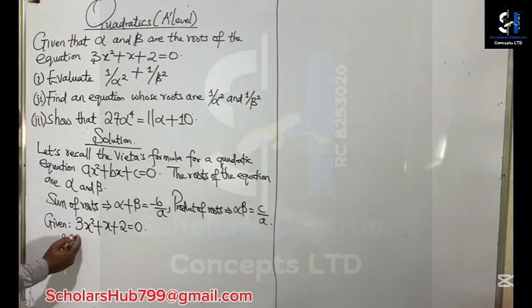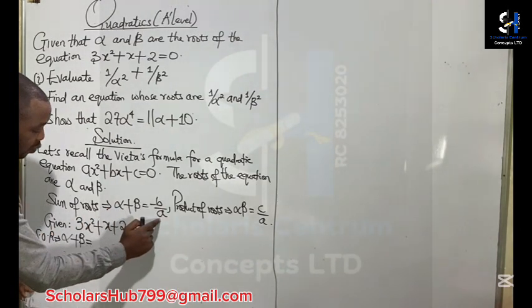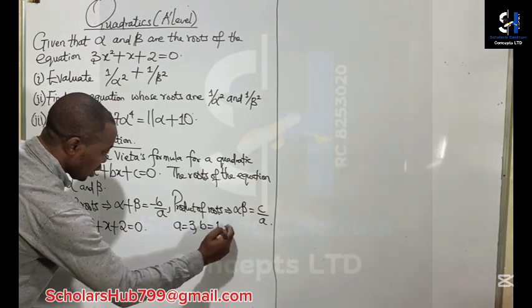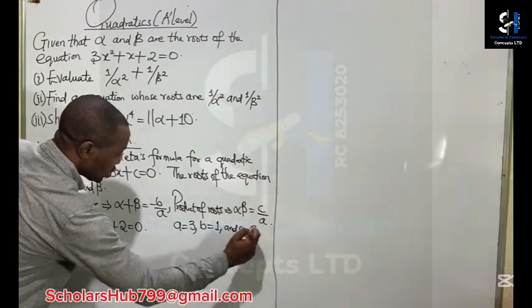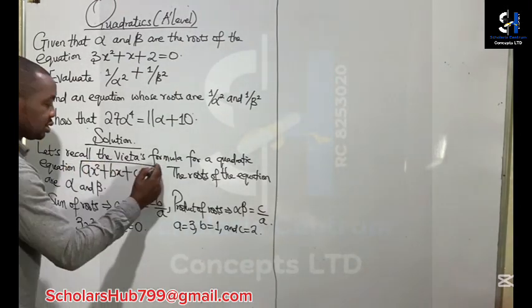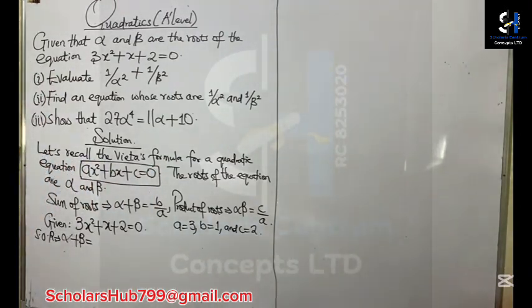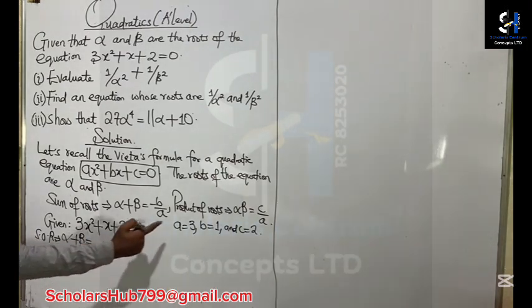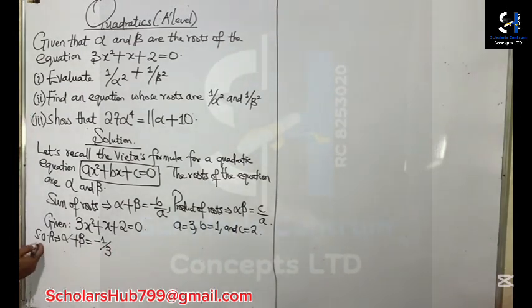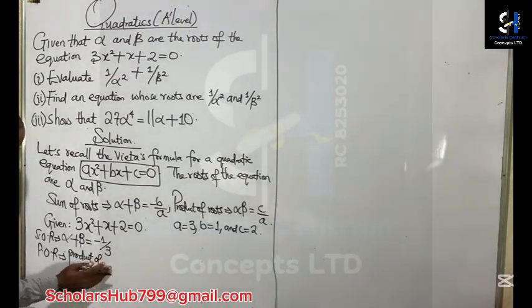The sum of roots is negative b over a. Comparing with the general quadratic equation, a is 3, b is 1, and c is 2. So the sum of roots is minus b over a, that is minus 1 over 3.